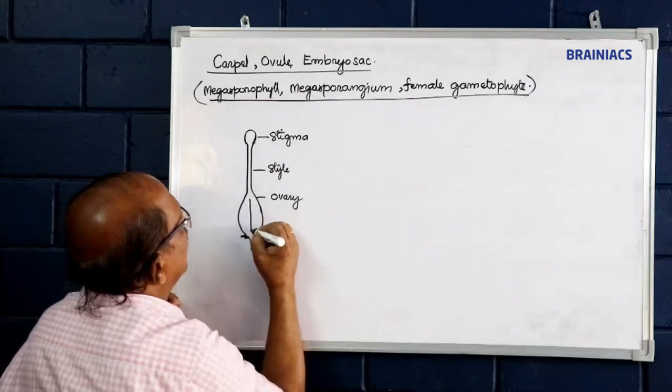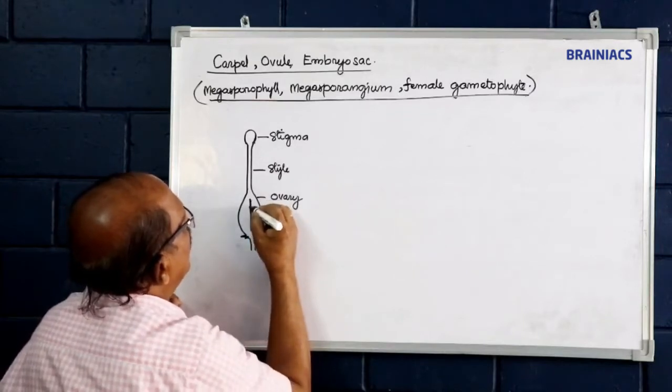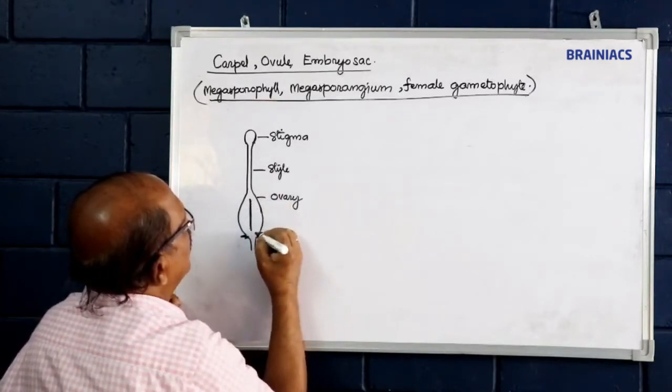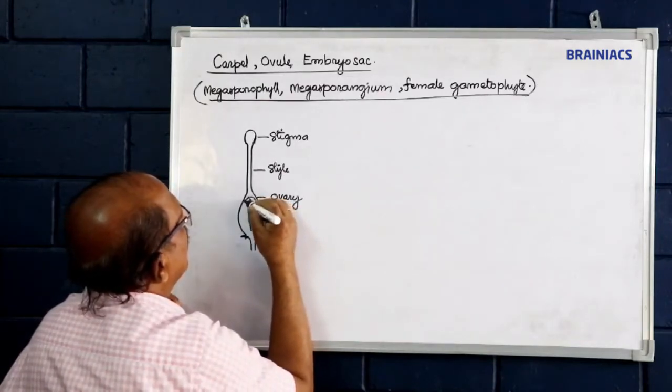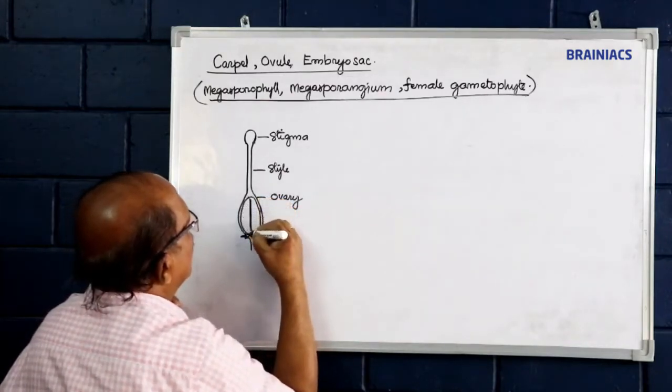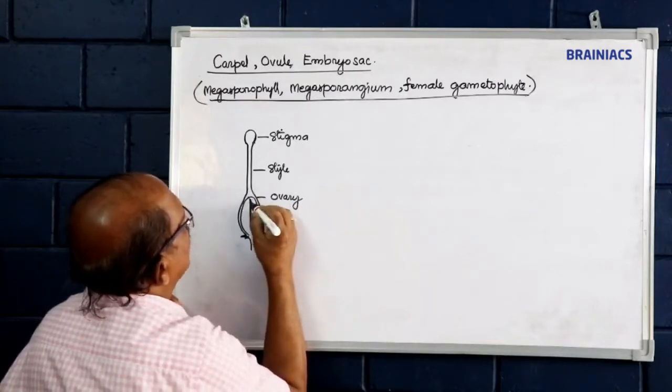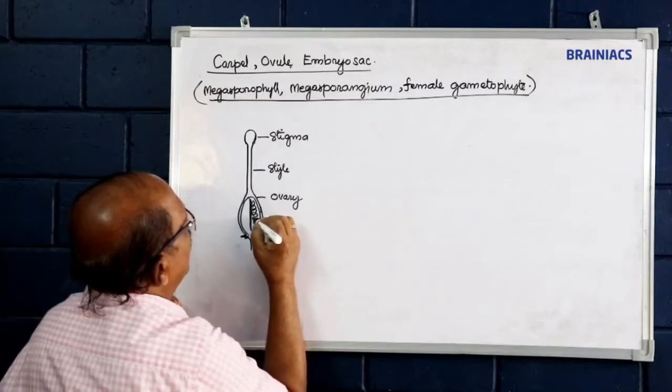Ovary has an ovary wall enclosing numerous ovules. Ovary becomes fruit.